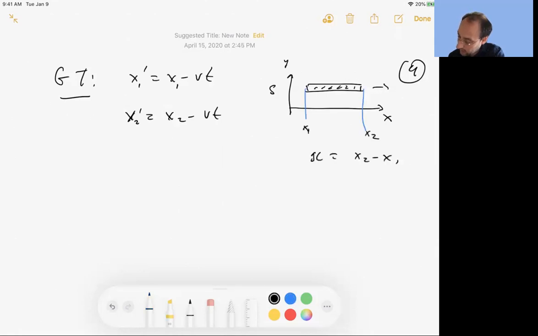But then if you take this into account, this suggests that x2 prime minus x1 prime equals x2 minus x1, since both measurements were made at the same time.